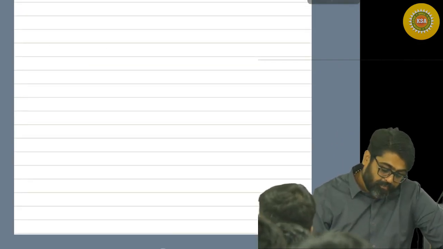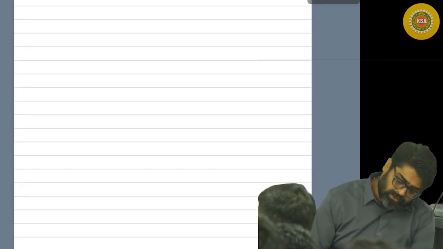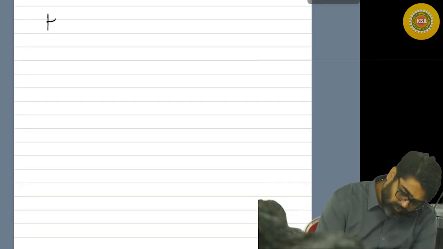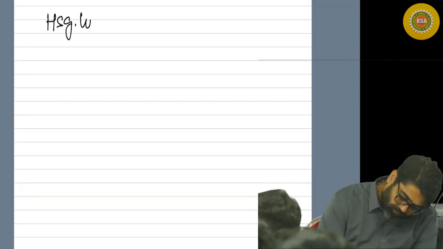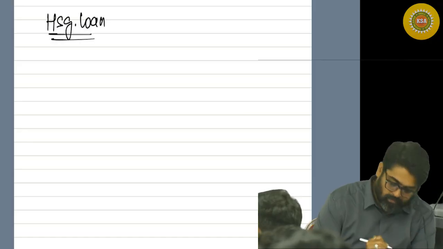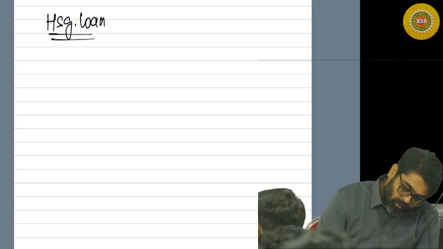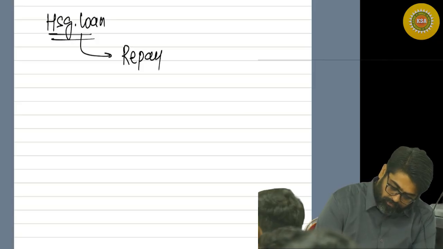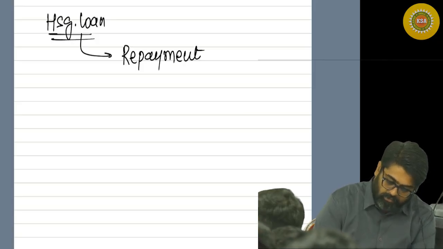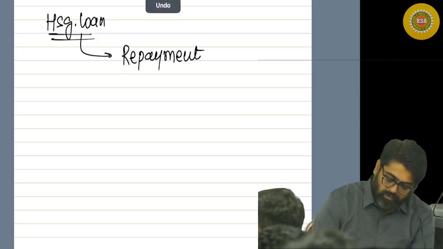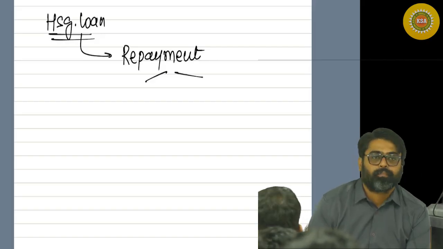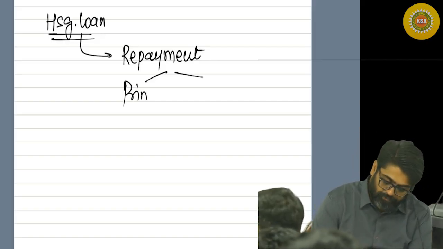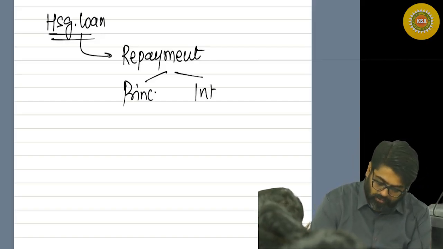Now tell me, what is interest? Interest on housing loan. So, first of all, you will have to take a housing loan. Now, whenever the repayment happens, there are two parts of repayment. One is principal and another one is interest.